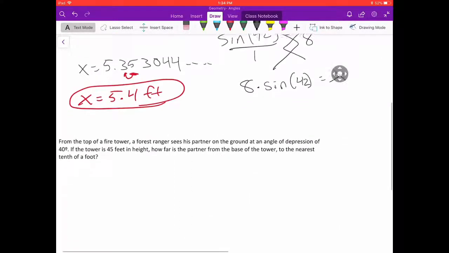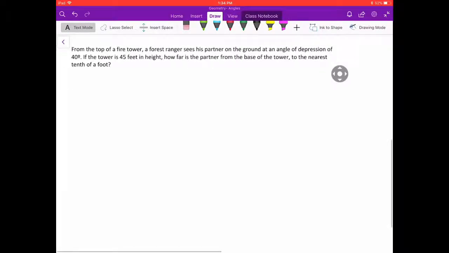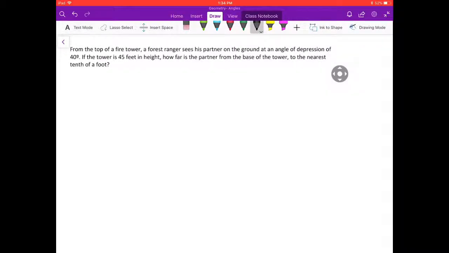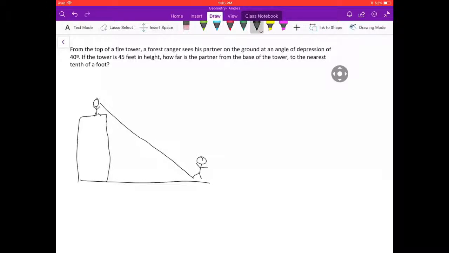Alright, our second example down here is going to be our angle of depression. Now, it's really not much different, and again, try to draw these things so that they make the most sense to you. Alright, so from the top of a fire tower, I mean, right there I know I'm going to have the ground and some kind of tower. I have a forest ranger who's going to see his partner, and it's going to look something like this.